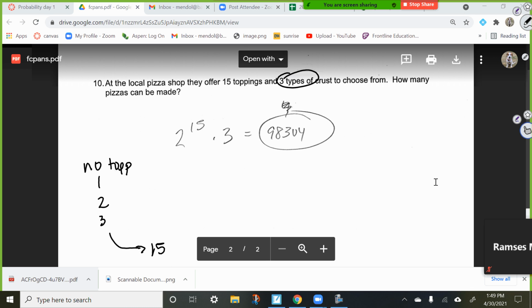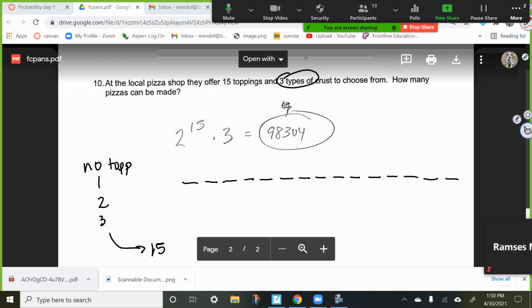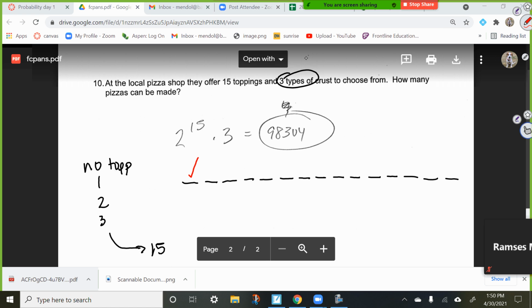So what I thought in this one, I know we did one the other day, the ice cream one with either having whipped cream or not having whipped cream. So I said, okay, we're gonna have 15 toppings to choose from, right? And with those 15 toppings, we can either have the topping or not have the topping.